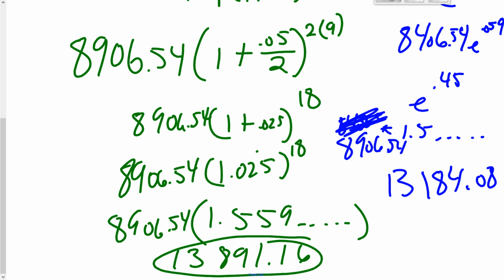I mixed up my 4s and 6s, so I need to take my e raised to 0.45 and times that by the right number, 8906.54. Then I get a larger number, which is 13,968. So that is bigger. Now I can round it, so it's 0.24. Okay, so that's 87A and B.